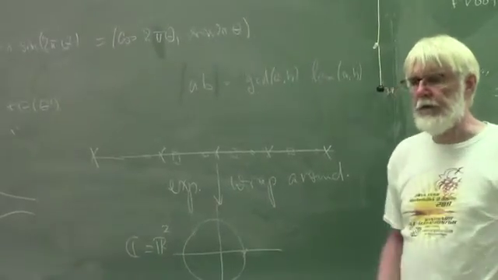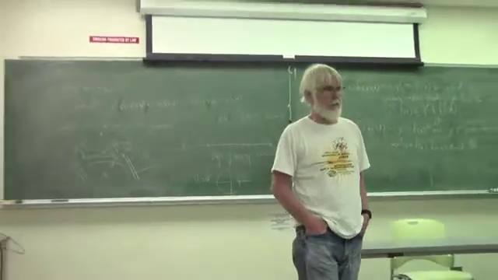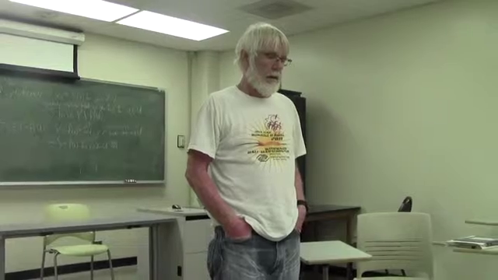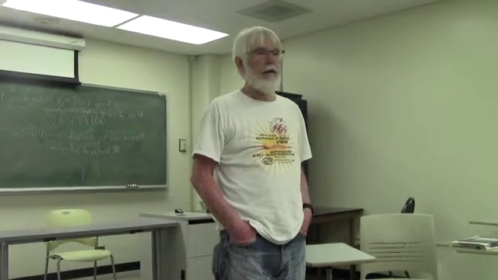So first of all, we haven't developed anything for multiples, that's why I was going back to common divisors. I'd like to show that any common divisor divides the greatest common divisor.